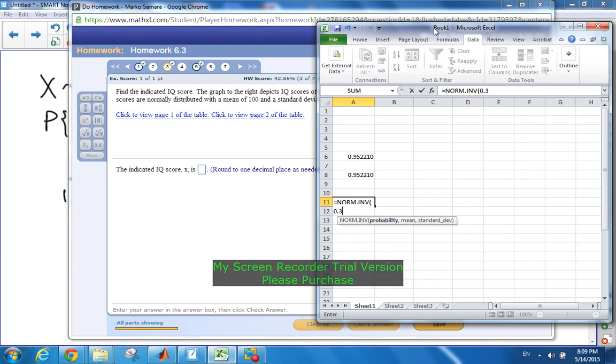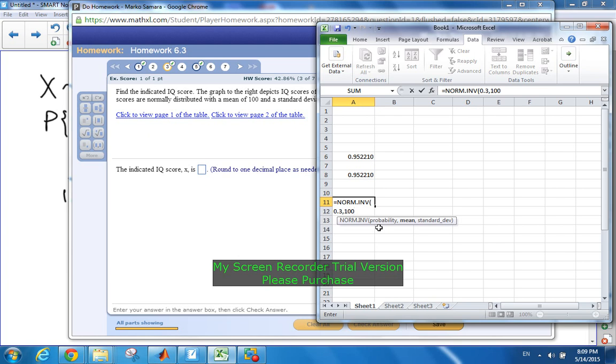So 0.3 is the probability, and the mean is 100. I don't need to convert to Z scores, which I could do if I only had the Z table for the standard normal distribution, but since I have Excel, I'm going to make use of that powerful software.